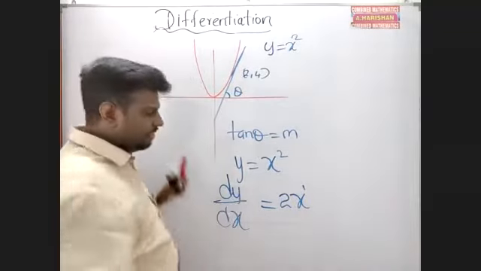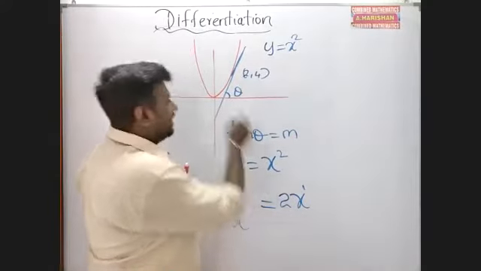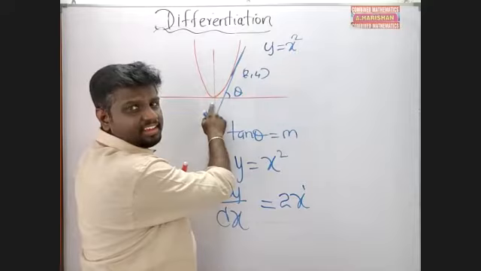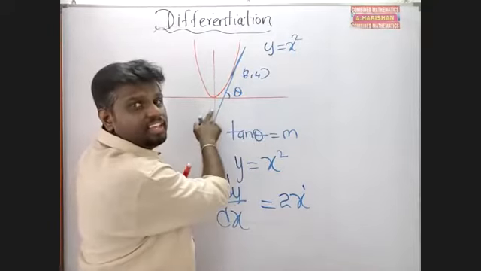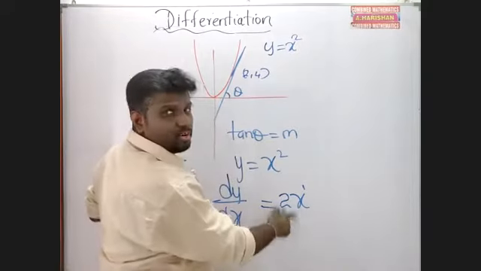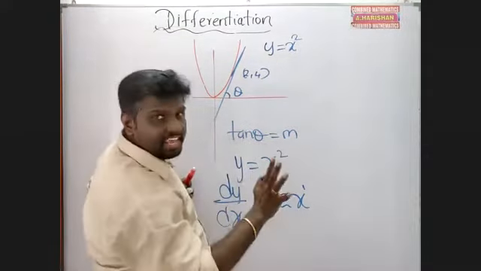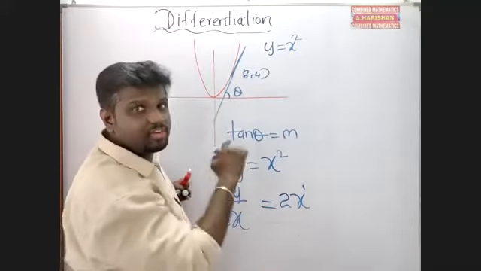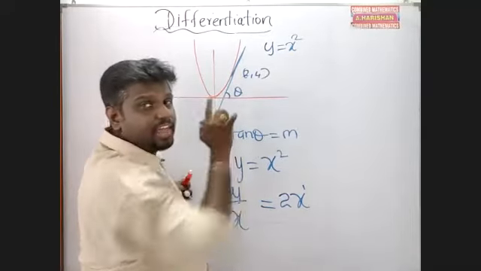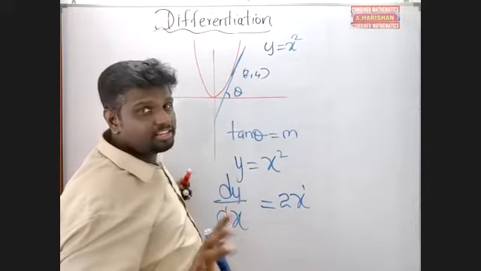When you put x equals 0, it gives the gradient of the tangent drawn to the curve at x equals 0. If you put x equals 1, it gives the gradient of the tangent drawn to the curve at the point x equals 1.